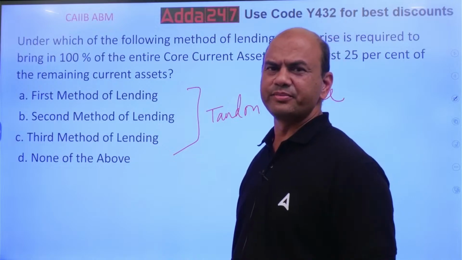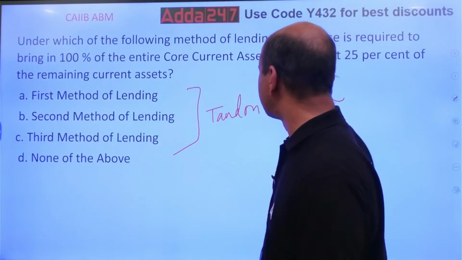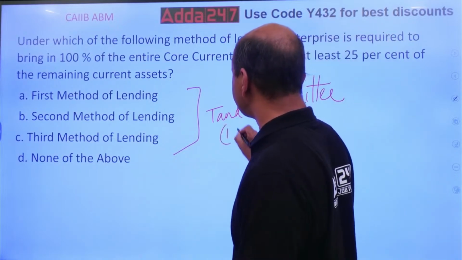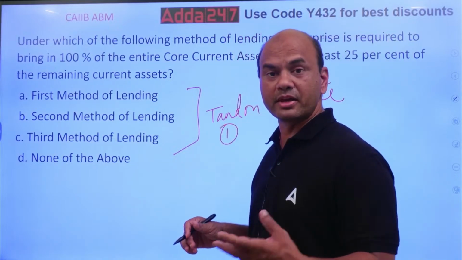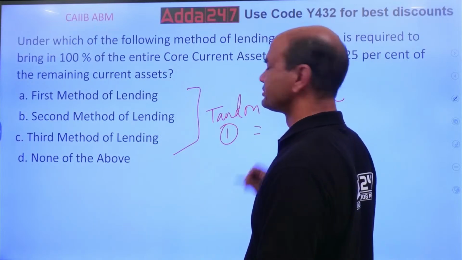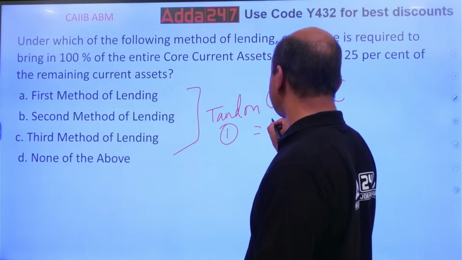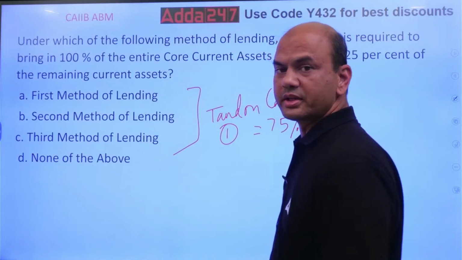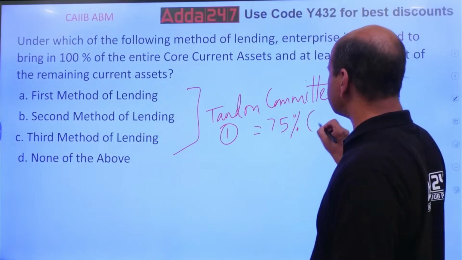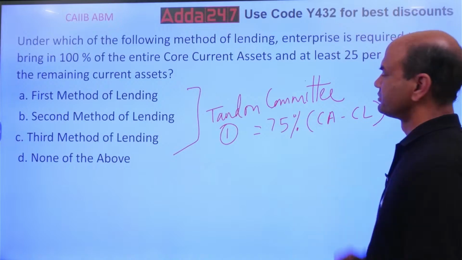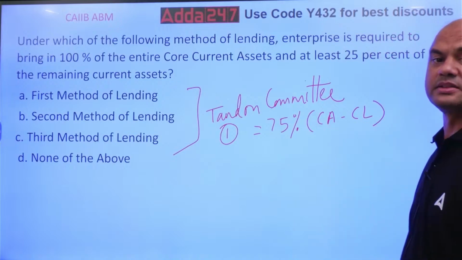Let me show you. See this. Tandon committee's first method. Net working capital requirement, NWC equals to 75% of current assets minus current liabilities.